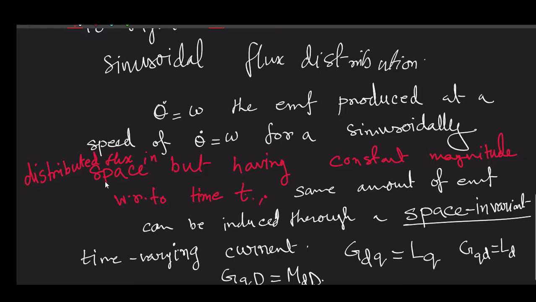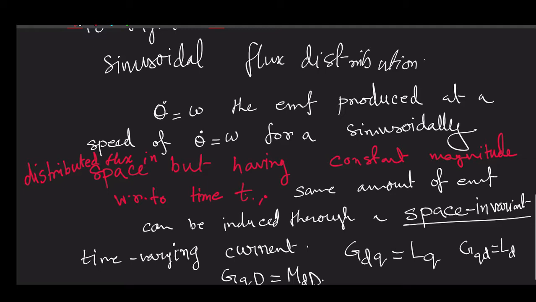Now, there will be a slight problem with this equality if any of your structures has a salient pole configuration, like either the rotor or the stator, because apparently it may give you the impression that having a salient pole structure, you will still have your flux sinusoidally distributed in space.